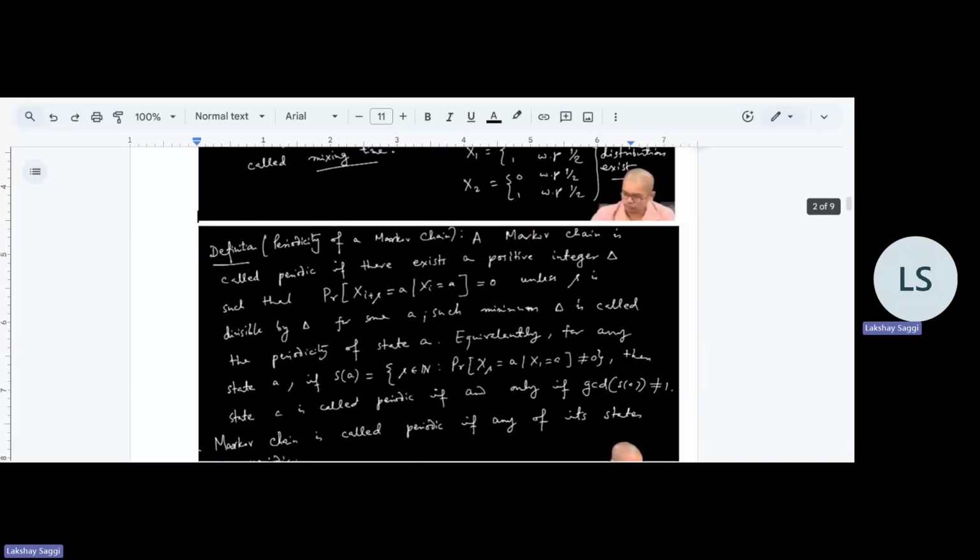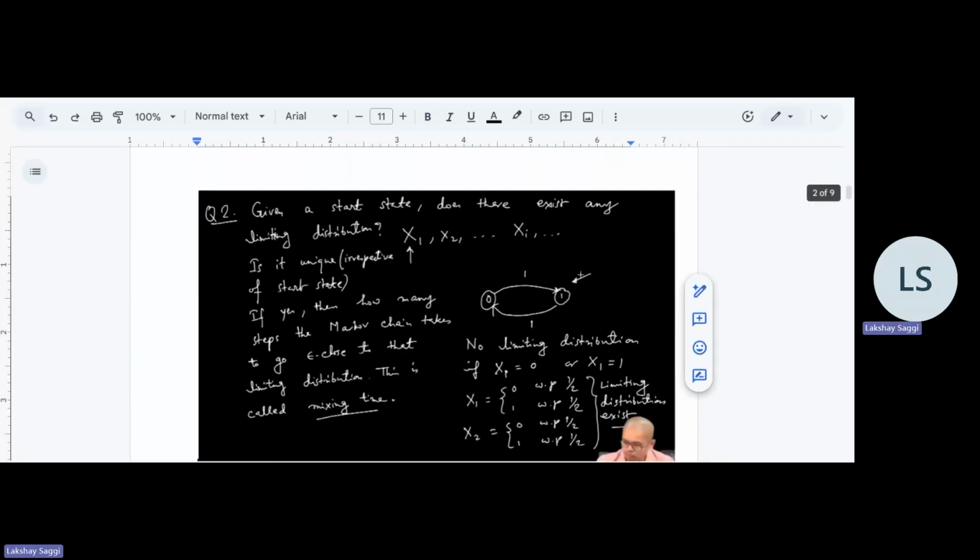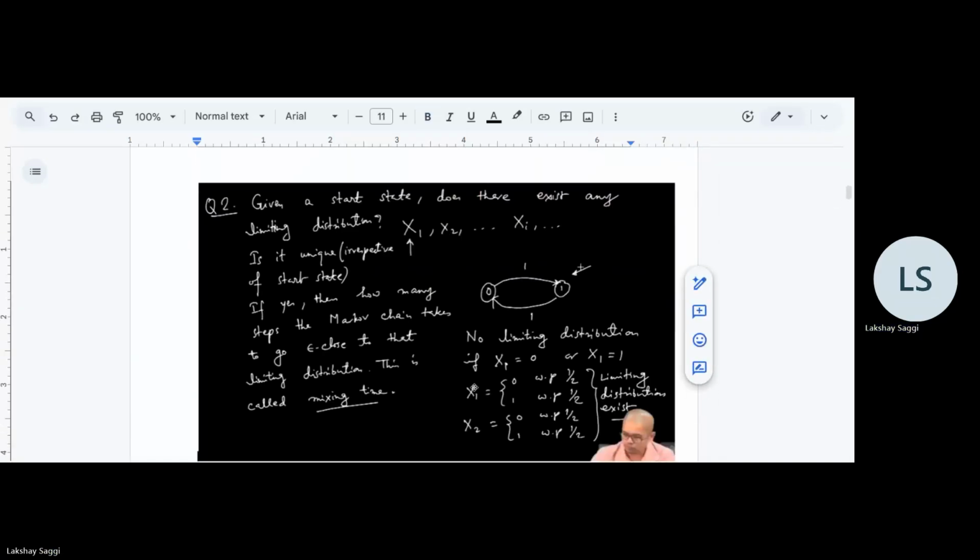So for example, in the example we discussed, this distribution x1, where state 0 has probability half and state 1 has probability half, after transitioning using the transition matrix P for the Markov chain, you essentially arrive at the same distribution again. So if this is pi, then pi times P is also equal to pi.